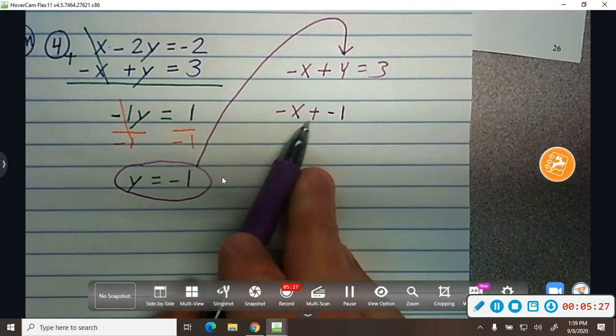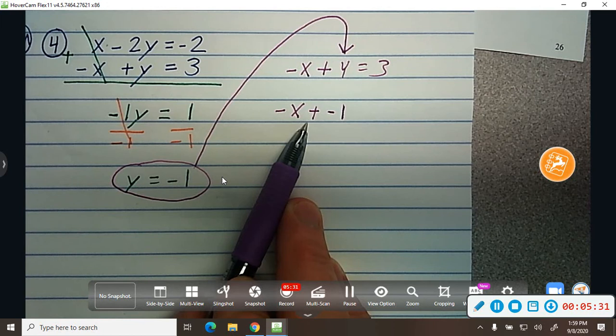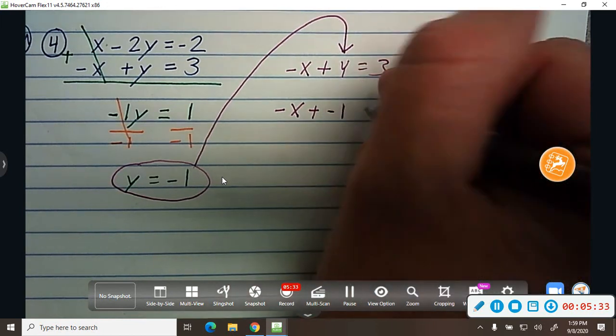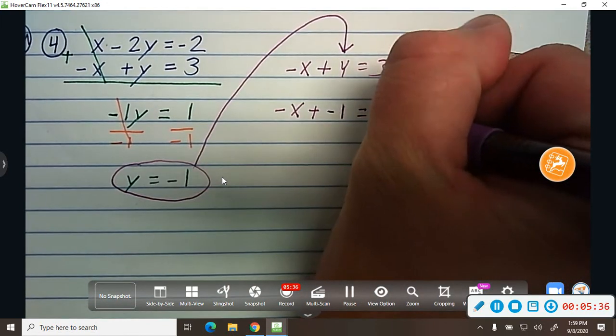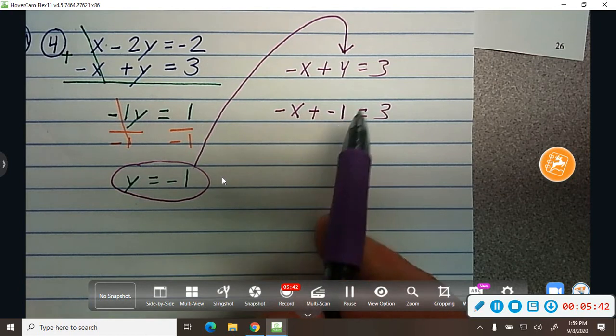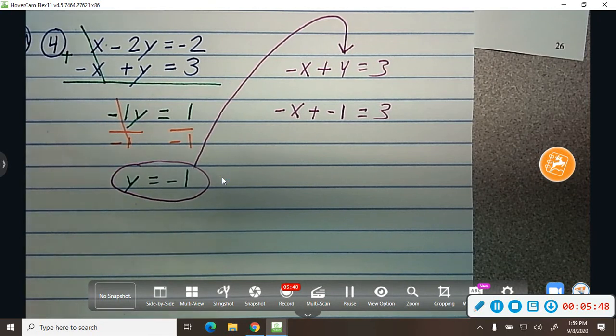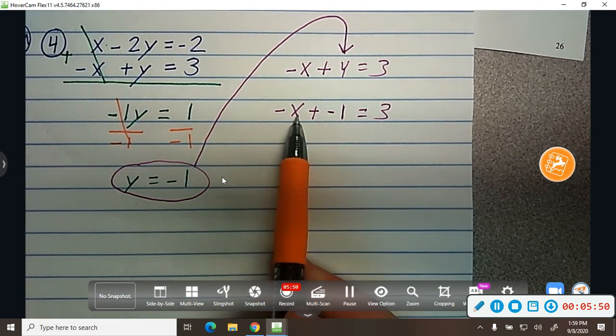And one of the people I helped, they didn't put plus negative, they just put minus, same thing. Equals 3. So all I did was I took the second equation, you could have picked the first, and I put in that I know that y is negative 1. That's all I've done. From there, you're going to use Algebra 1 skills, trying to get x by itself.